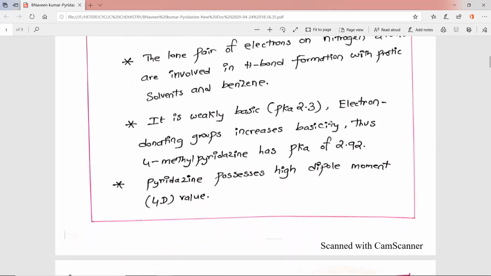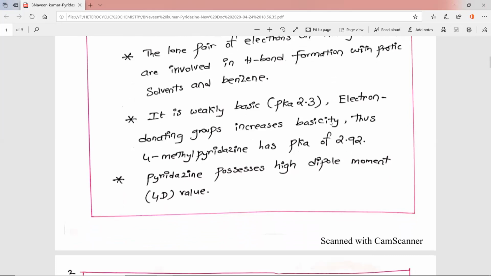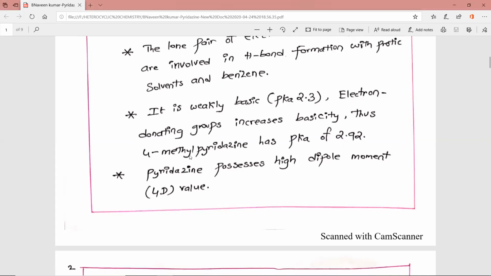So it is a weakly basic compound and if electron donating groups are present, they will increase the basicity of the compound. Thus, pyridazine is less basic compared with 4-methyl pyridazine. So in the 4th position, if we introduce a methyl group, it releases electrons into the ring system and thereby pyridazine becomes more basic.